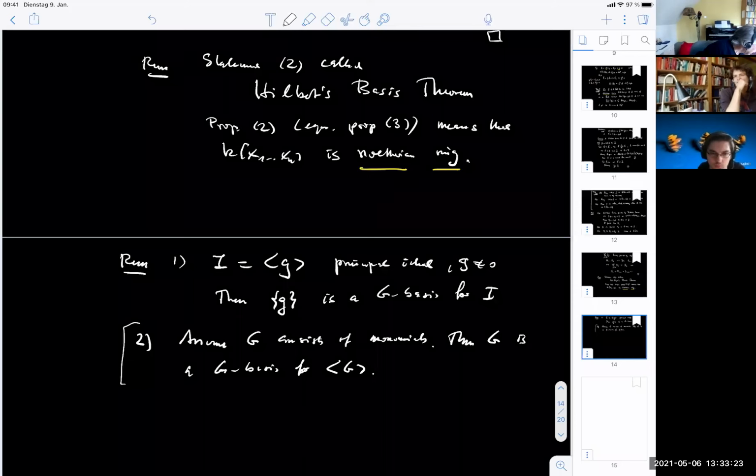What I also want to discuss is that we showed that Gröbner bases exist. That's nice, but maybe you want to compute some. So I will also show you how one can compute a Gröbner basis. This is called Buchberger's algorithm. It's a very simple algorithm, not very sophisticated, easy to explain.